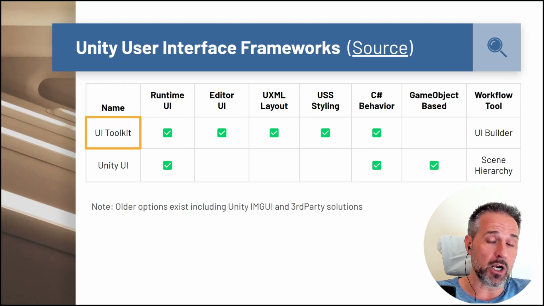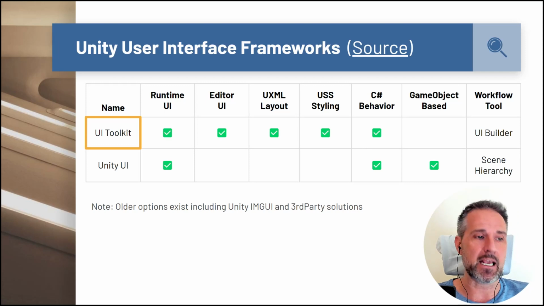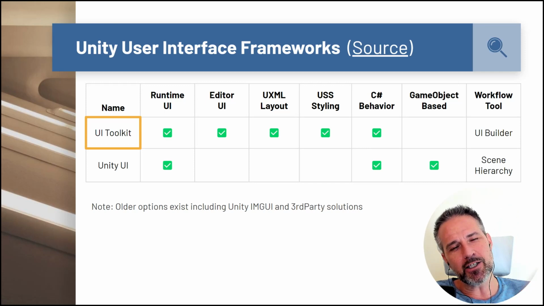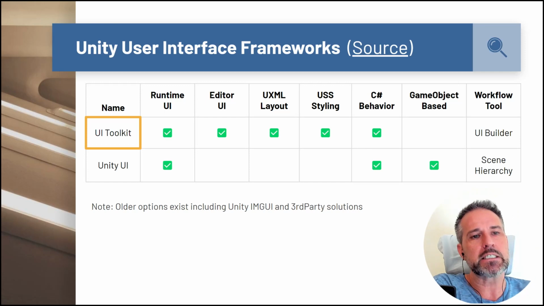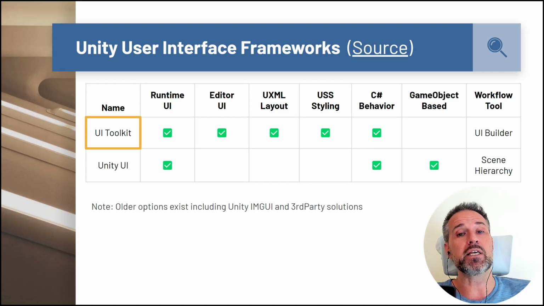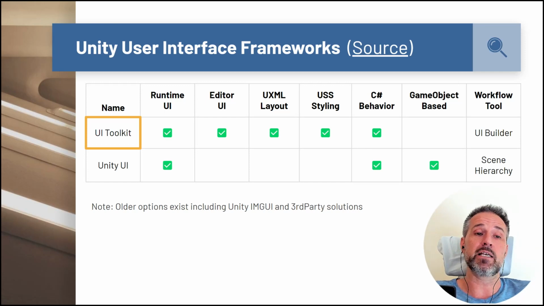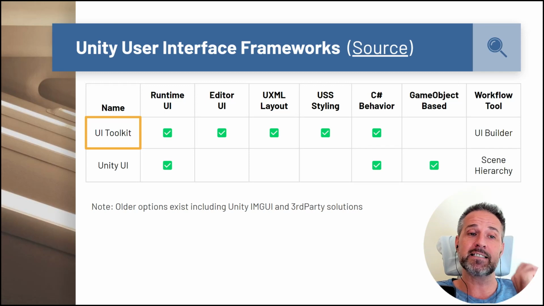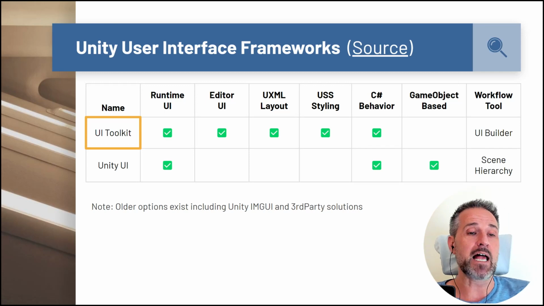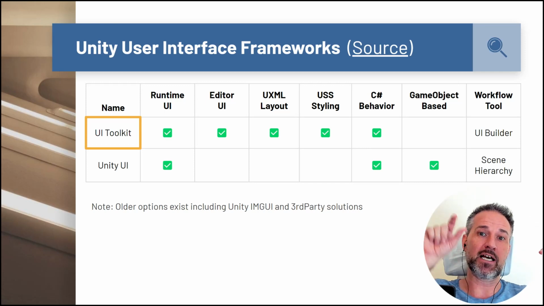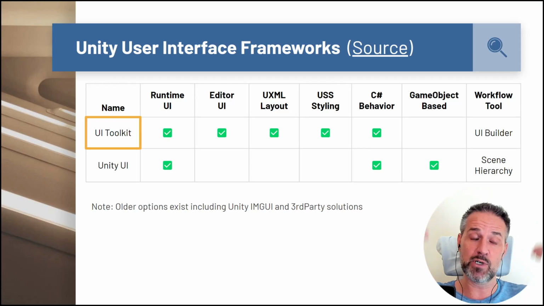And what we're talking about today, UI Toolkit, is not game object based. There's still a little bit of game object that helps glue it into the scene, but you'll see when you begin playing around with it, it feels a bit alien. It feels kind of like you go somewhere else in the Unity experience, do most of your work there, and as an afterthought, you slap it onto a game object. It's not like a button is a game object, a text is a game object like the previous system.